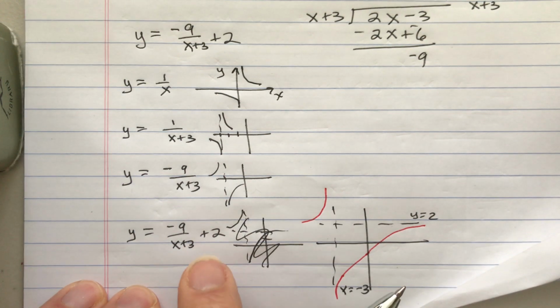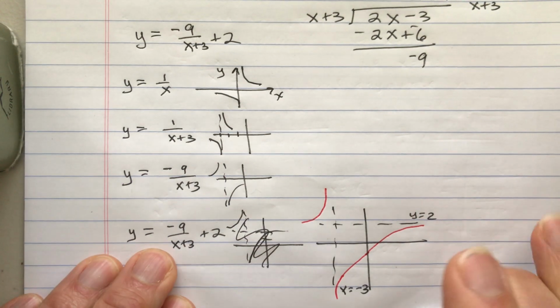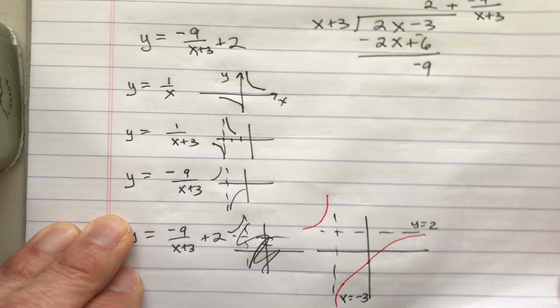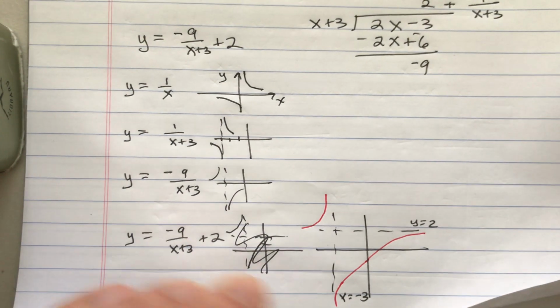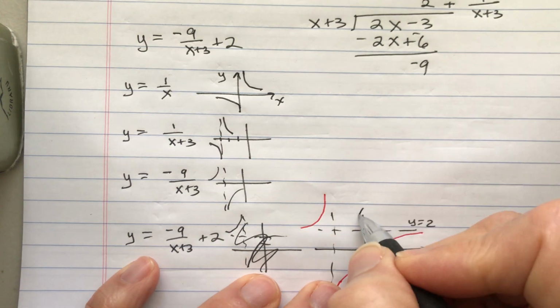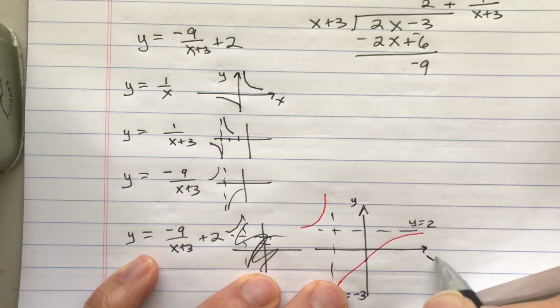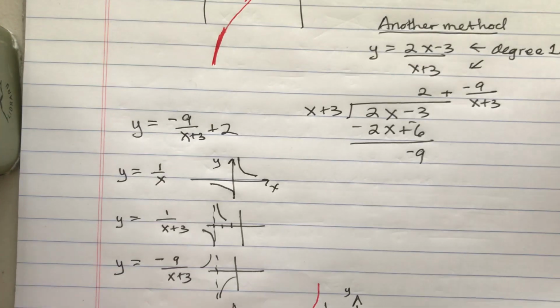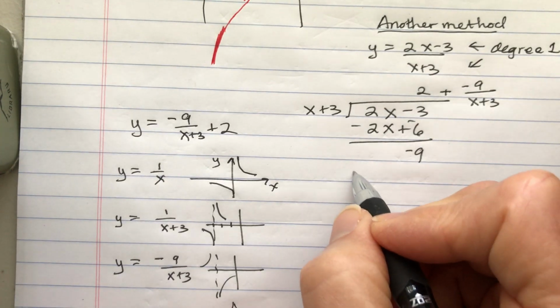But okay. So what I just wanted to show, and a lot of books do this, is that if you have a rational function that is a fraction of a first degree polynomial over a first degree polynomial, we can view this as a translation of 1 over x.